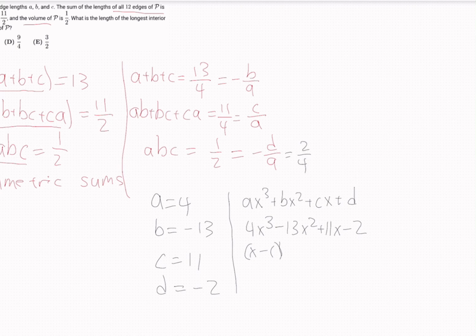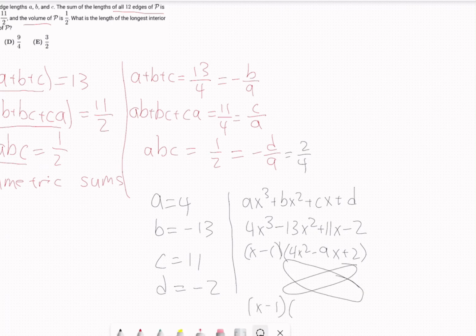So if you add these up, 4, negative 13, 11, negative 2, you get 0, it works. We divide it by x minus 1, and we get 4x squared minus 9x plus 2, I believe. And then from here, we factor this.